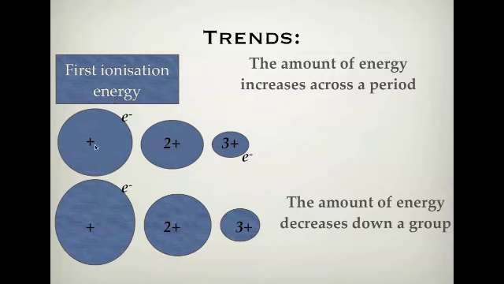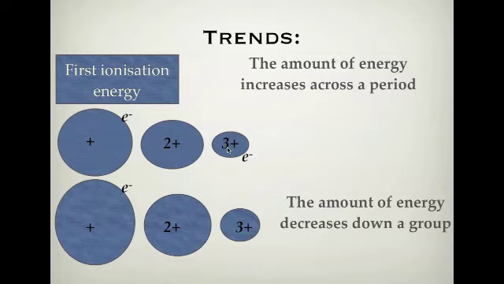The first atom here has a small core charge compared with the one over here. Your first element here has a core charge of just positive 1. This electron is going to be less attracted to the nucleus, so less energy is going to be needed to take that electron away. When you go across the period, you get an increase in core charge.